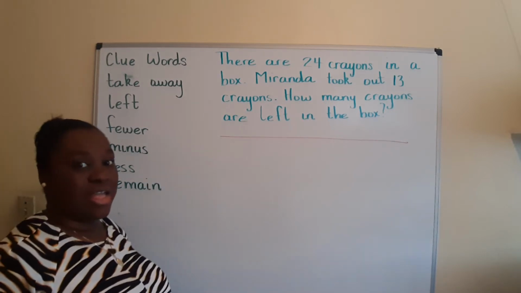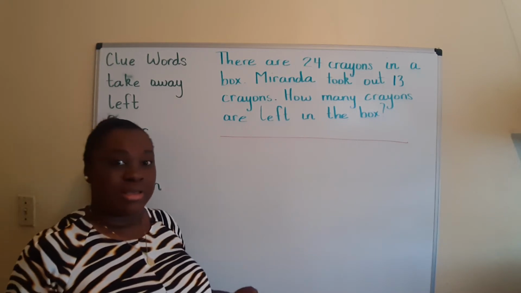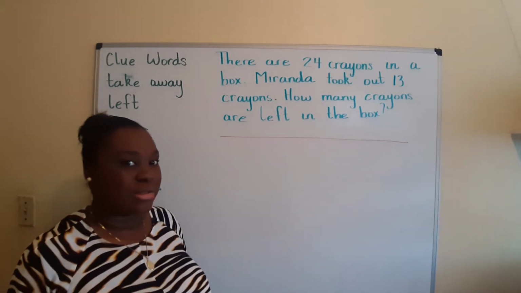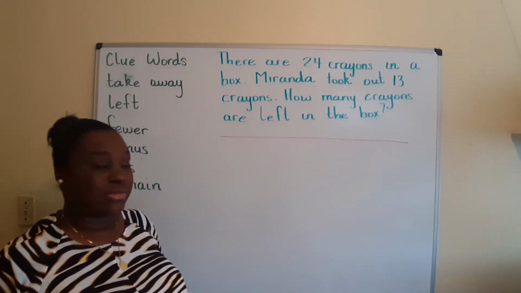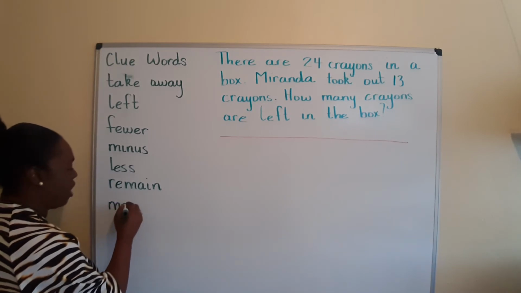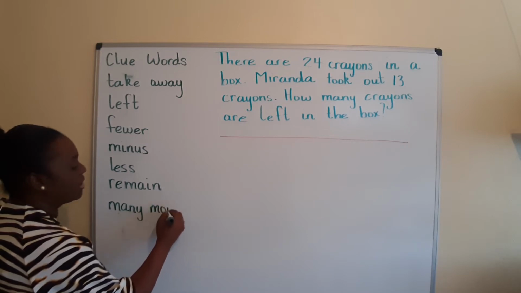And then there's one that gets some persons. How many more? That's a trick for some persons. When you see how many more, a lot of boys and girls would add.